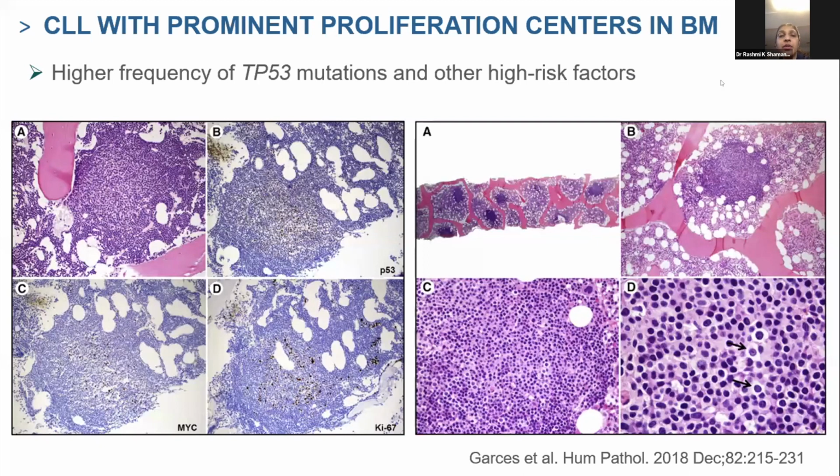But on occasions, we do see CLL involvement with confluence of areas of proliferation centers. Now, what does that mean? These types of CLL are more likely to have TP53 mutations and other high risk factors. And hence, this is an important piece of information that we need to communicate to the oncologists or even maybe to trigger the mutation analysis. Next slide.